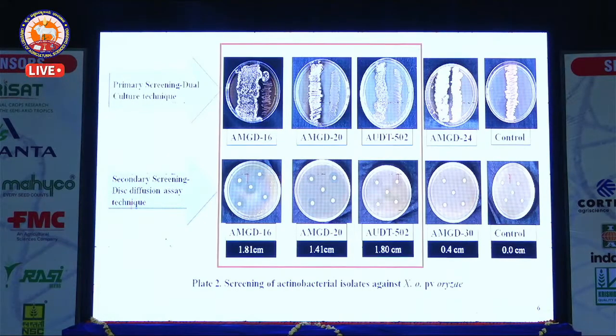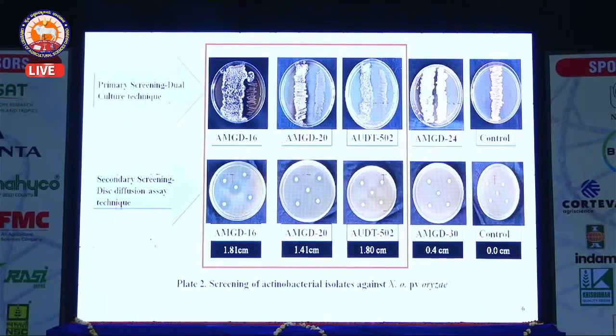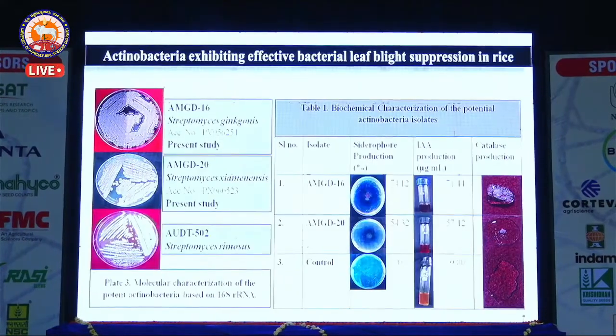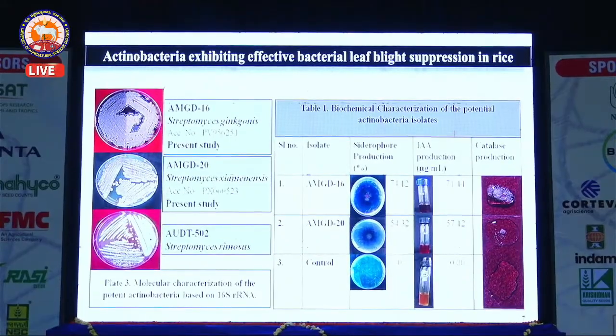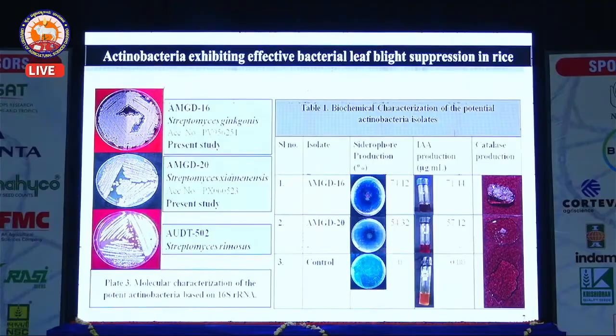AMGD 16 and AMGD 20 were very effective to control the bacterial leaf blight of rice. Molecular characterization found AMGD 16 to be Streptomyces gingivanus, and AMGD 20 was Streptomyces xiamensis.